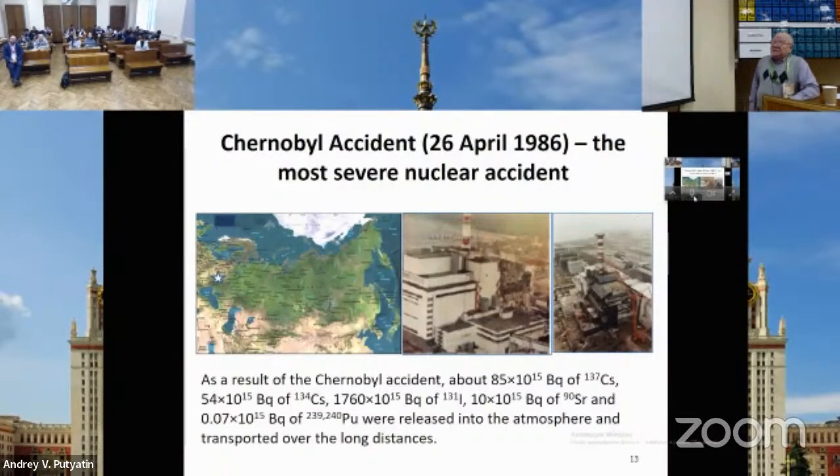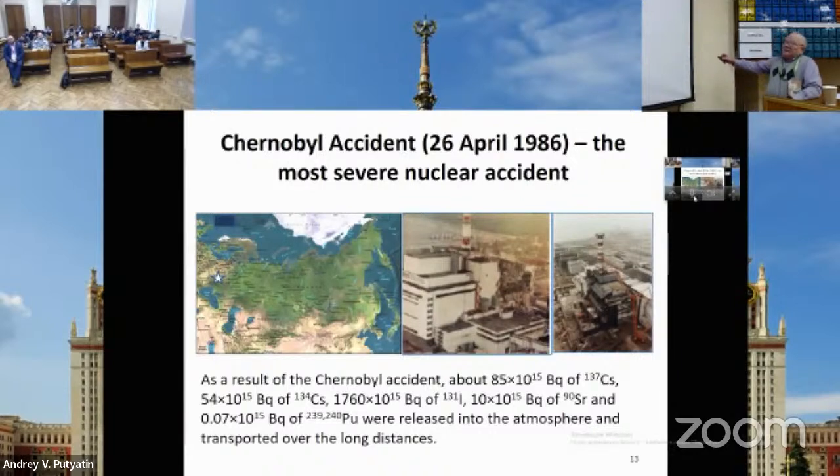The Chernobyl accident happened in April 1986, and this is the most severe nuclear accident in history. Here you can see the data about the activities released during the accident. 10^15 is called a petabecquerel.